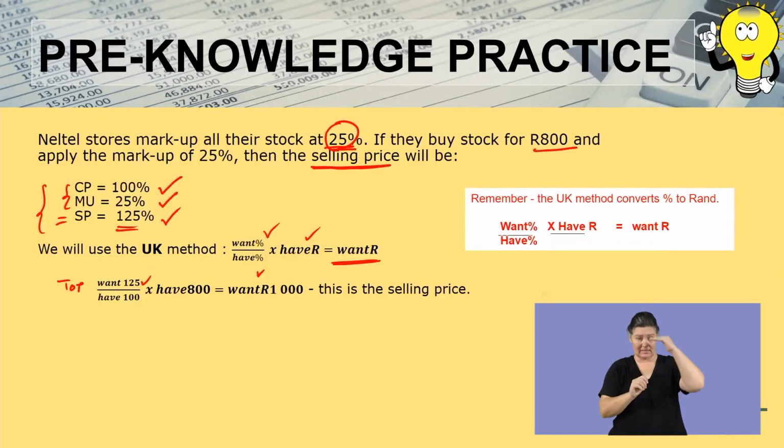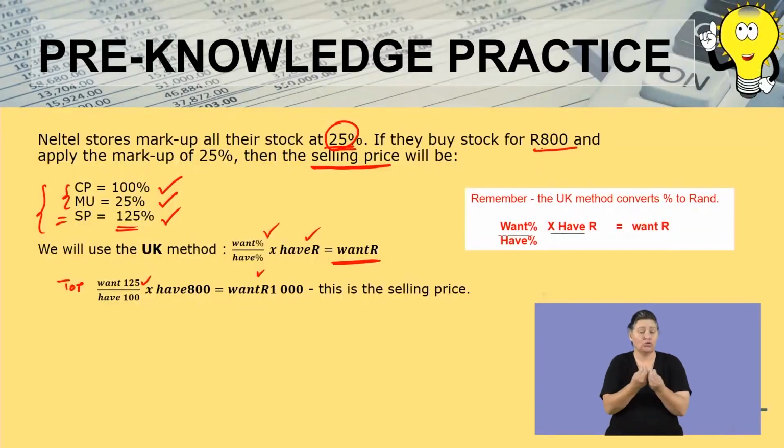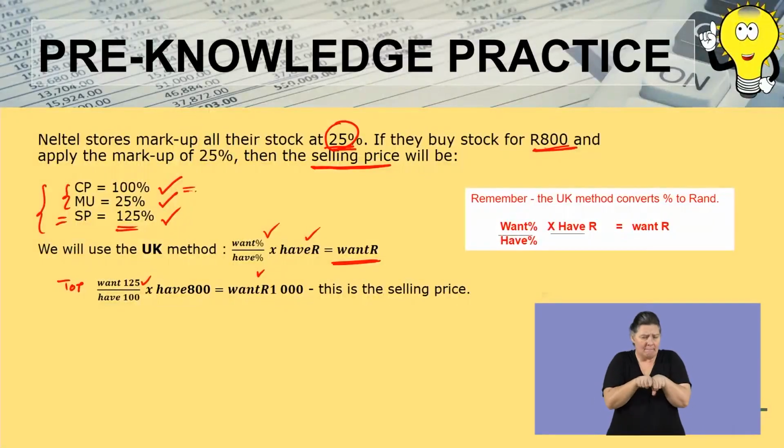So what I want over what I have. What is it that I have? What I am given here is that we bought stock of 800. This is the cost. And cost is always 100%. That means my 100% is equal to the 800.